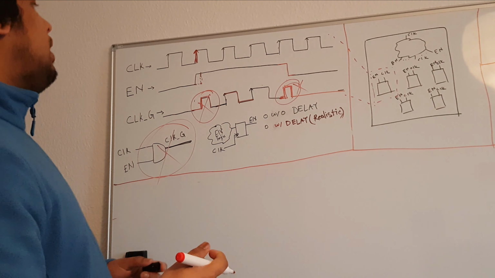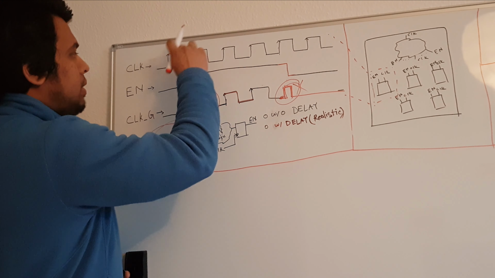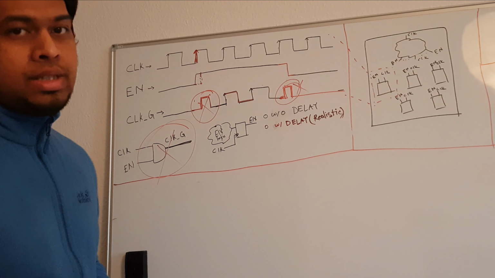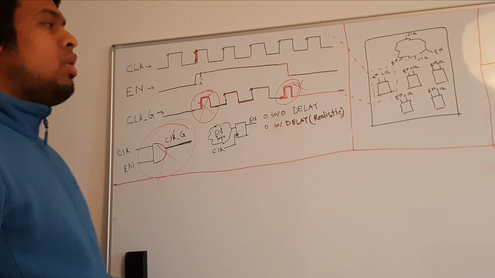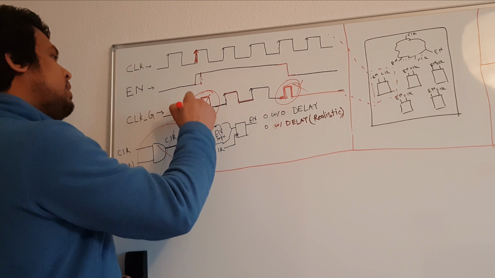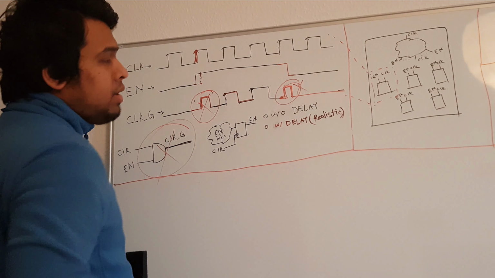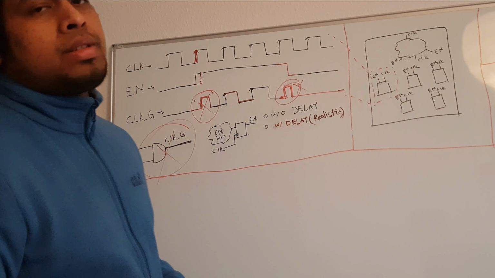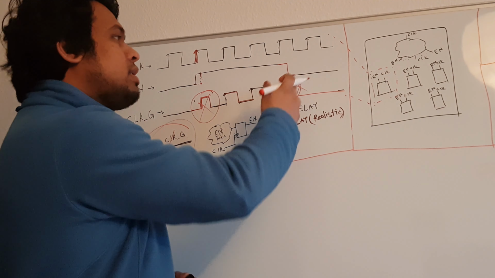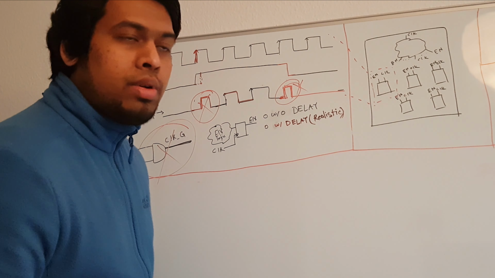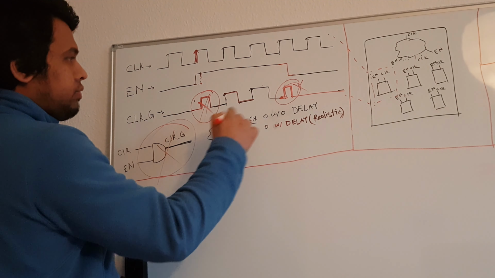But here, as you can see, because of this AND gate configuration, when we are creating another clock inside this submodule, we are compromising the duty cycle of the clock. We are creating some glitches which will result in some very unwanted and dangerous operation in our logic, which is not wanted.